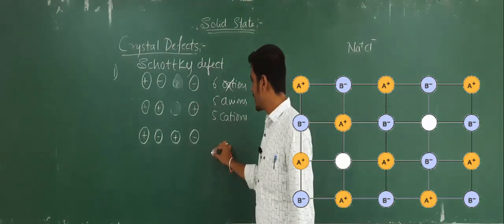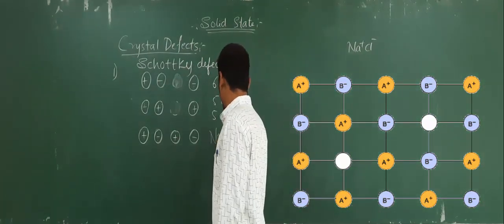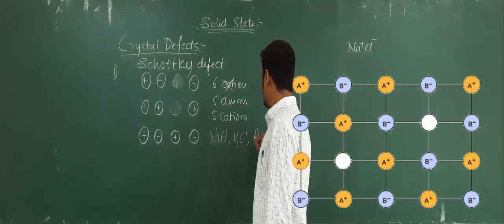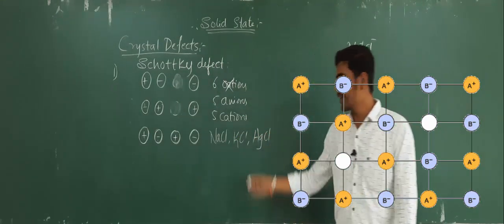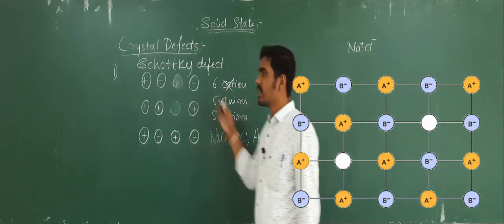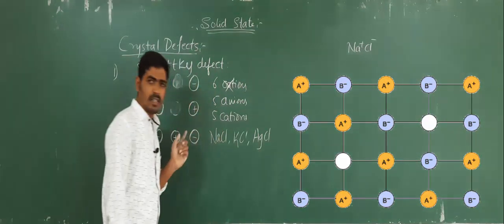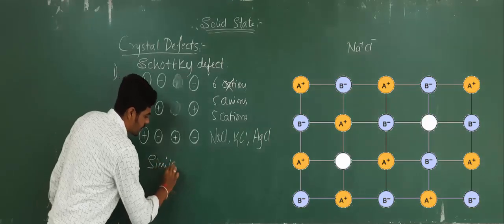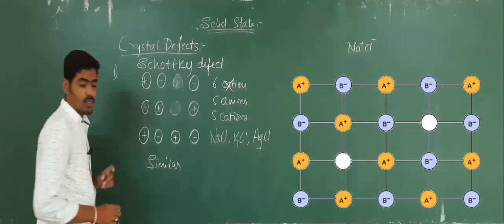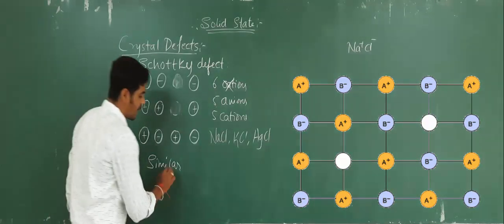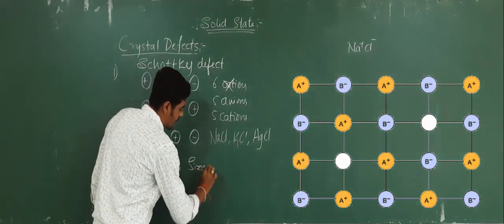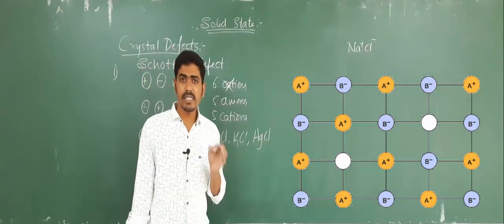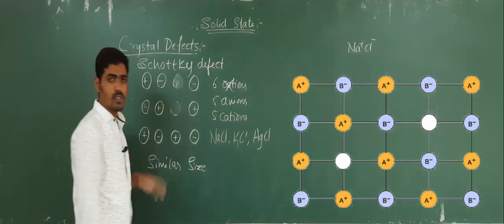The examples which show Schottky defect are NaCl, KCl, AgCl, etc. These kinds of crystals will show this Schottky defect, and here the sizes of these ions are similar. The anions as well as cations have similar size. Then only it shows Schottky defect.